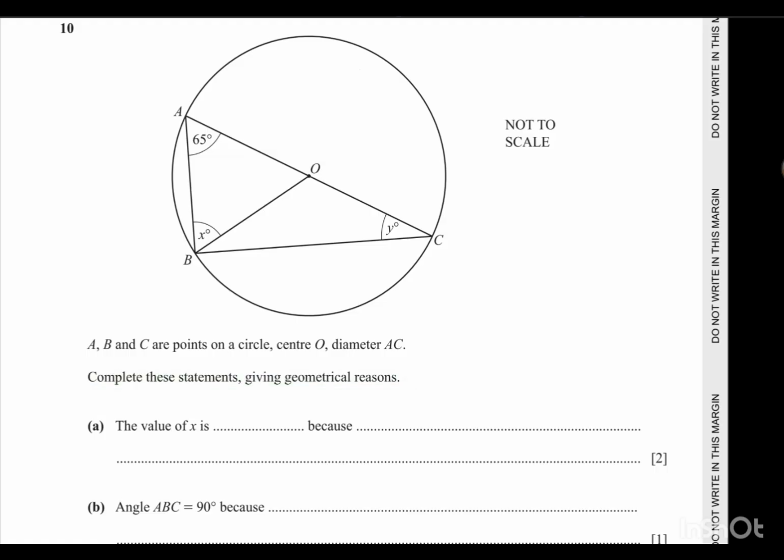Question A. The value of x is dash. The value of this angle x is 65 degrees because base angles of an isosceles triangle are equal.